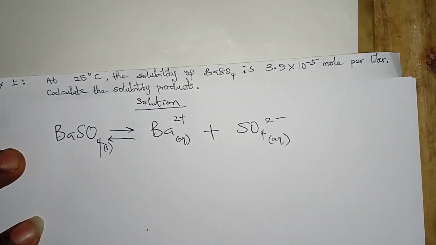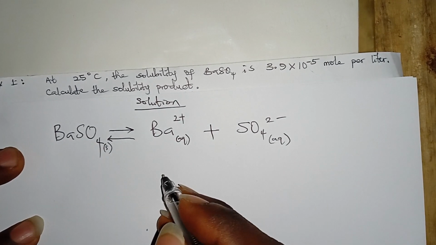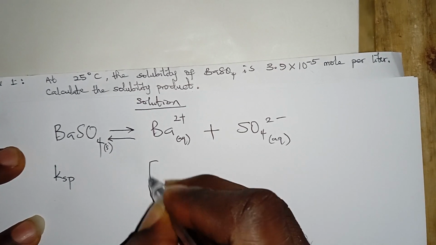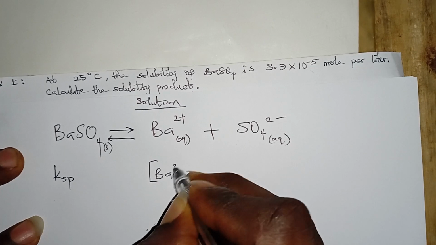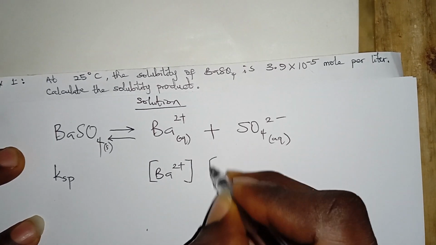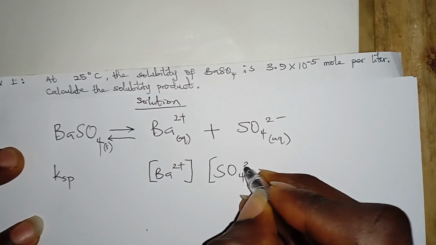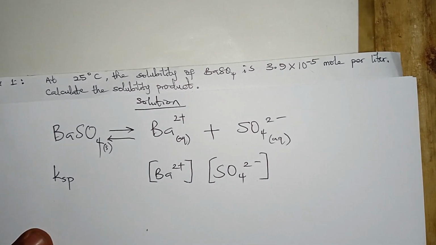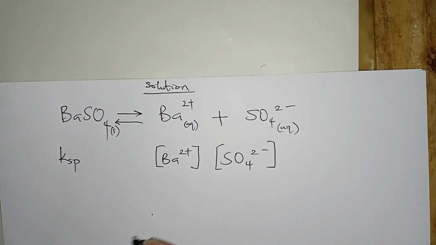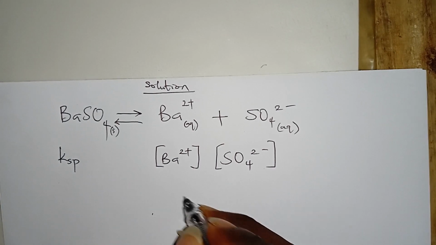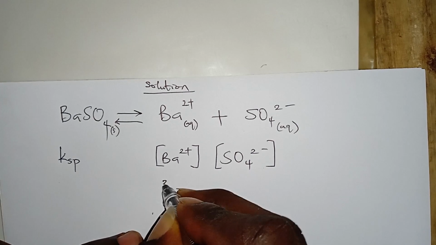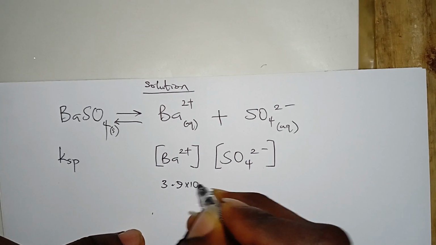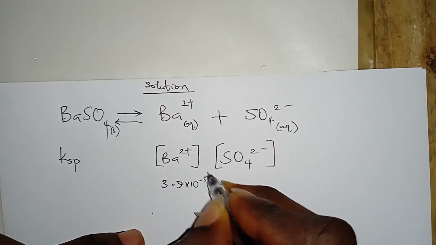So if you know this, you now need to know that for KSP, this will be Ba2 plus and SO4 2 minus. And remember that the question gave us that everything here is 3.9 times 10 raised to power minus 5.